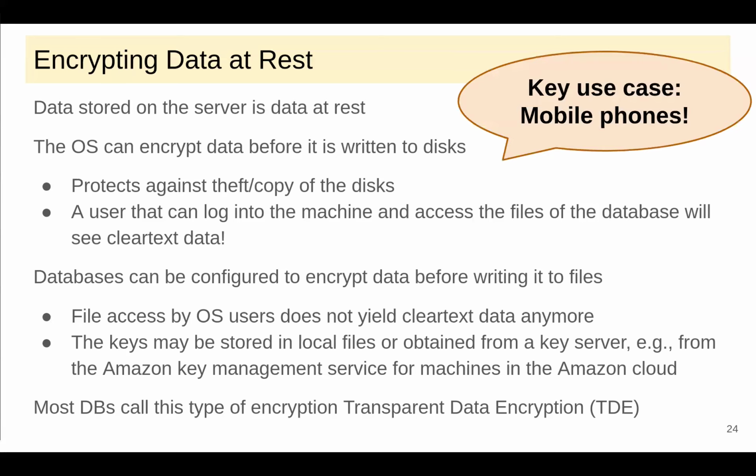One of the interesting use cases to encrypt data at rest is mobile phones. We've seen in the last couple of years a move towards full disk encryption for mobile phones and for laptops. If you think about it, phones are a type of device that you may lose somewhere, or that may be stolen, same as your laptop.